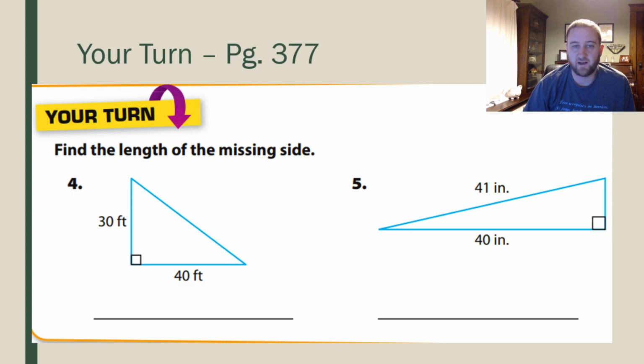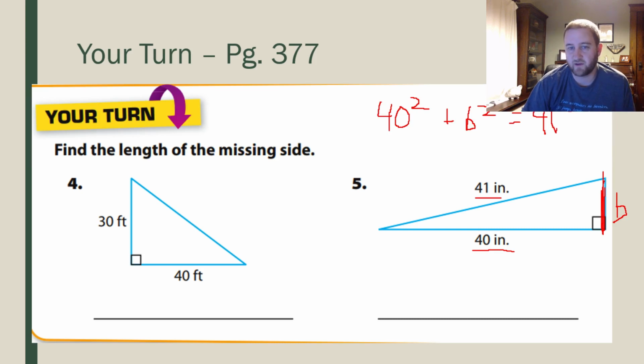For number 5, we're given a leg and we're given a hypotenuse, and we're missing this other leg right here. We'll call that b. So we'll say 40 is our a, so 40 squared plus b squared equals 41 squared. Now again, you could have called this side a.